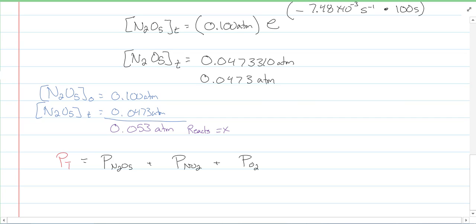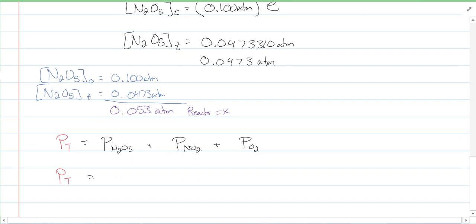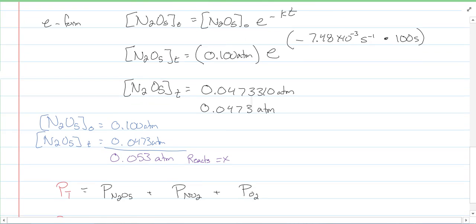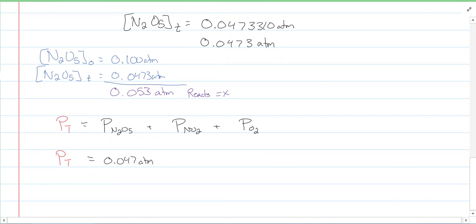So my total pressure would equal, well, the pressure of N2O5 at this time would have to be 0.047 atmospheres, plus NO2, which is 2 times x, 2 times 0.053 atmospheres.